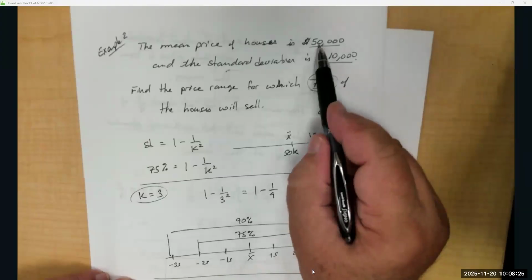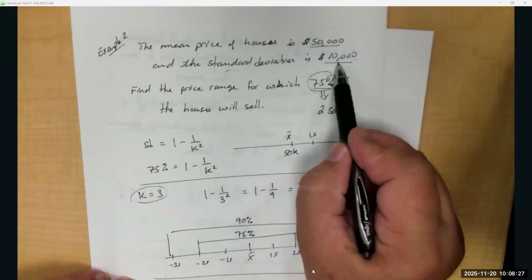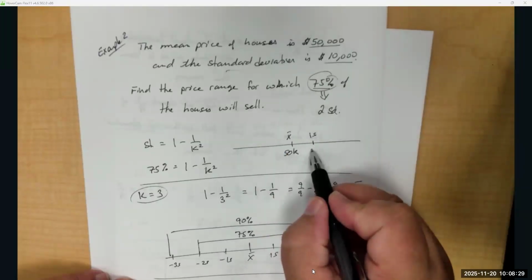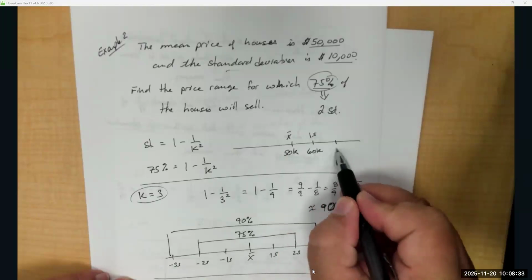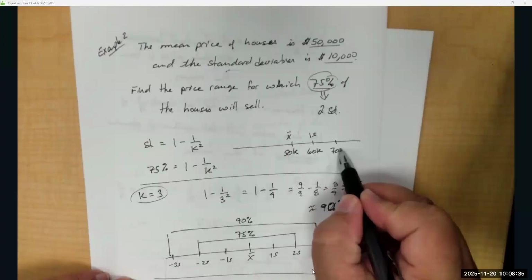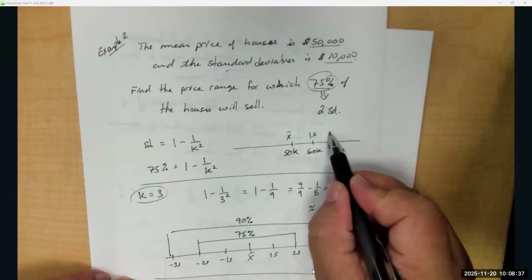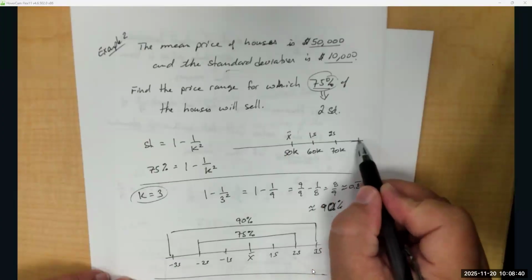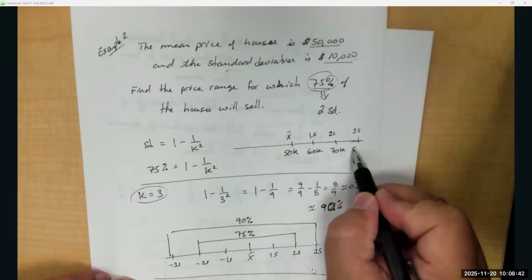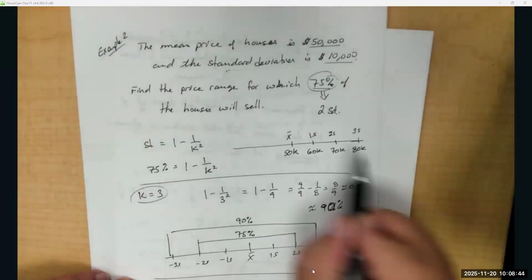Because the mean is 50,000, each standard deviation is 10,000. So what would this next number be? 60. The next one would be 70, and then 3 standard deviations would be 80,000. That's going to the right.